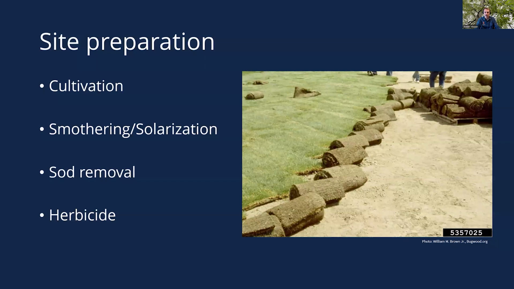And thinking about how we can convert this lawn is a little bit more precise than we might be doing on more of a natural area scale. And so we can use different techniques like cultivation, smothering, sod removal, or herbicide to get that sod up and have a clean slate of bare soil from which we can start our restoration process.